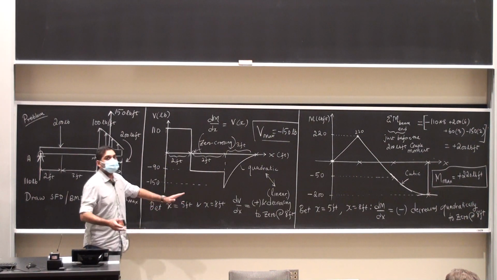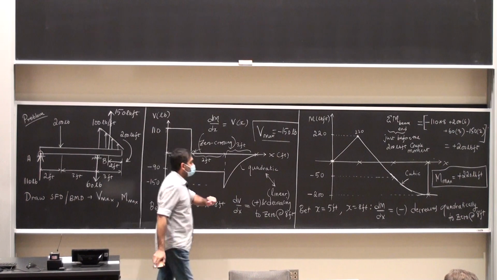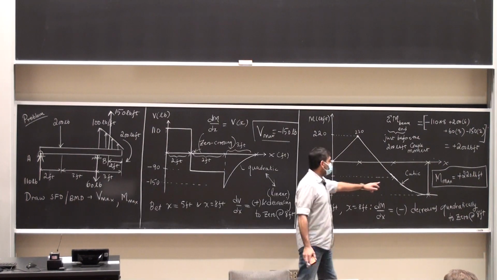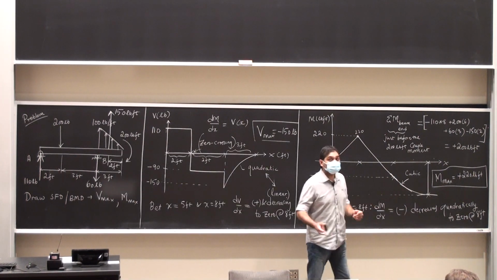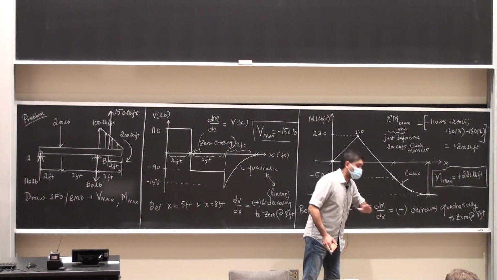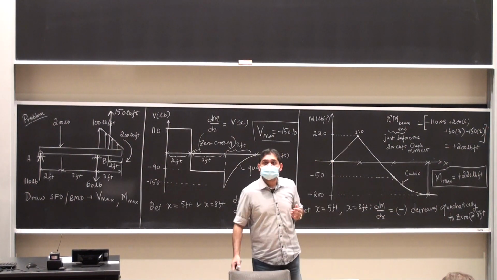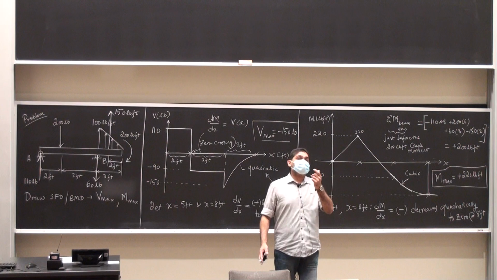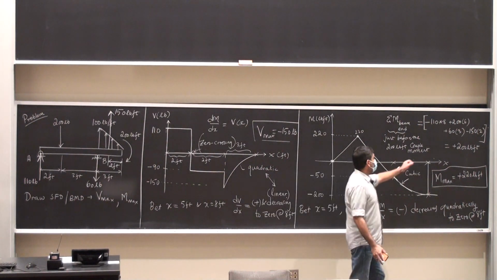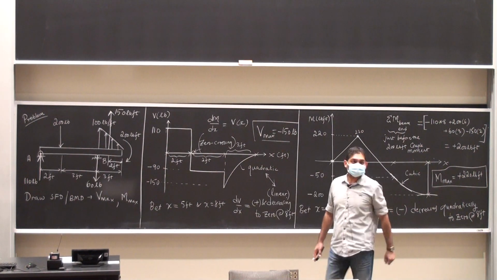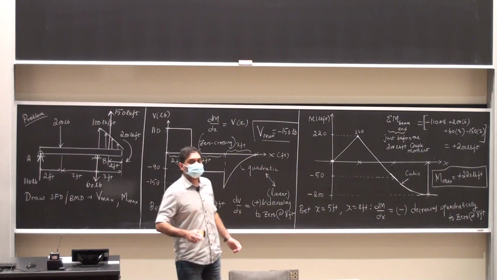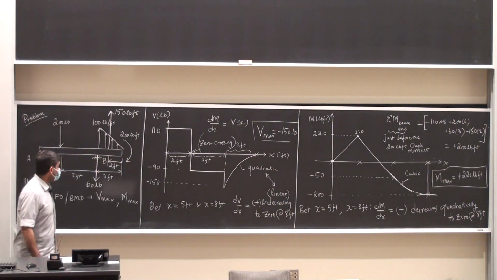On the bending moment diagram, tell me this is a cubic piece. Why is it cubic? Because of what is happening for the slope of the bending moment diagram. Do my values add up? You've got to show me that too.